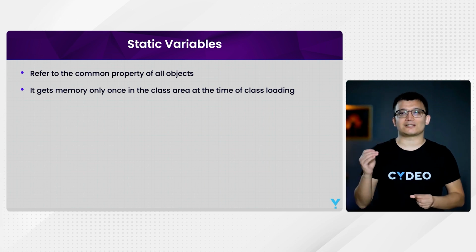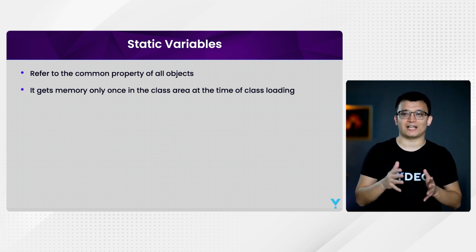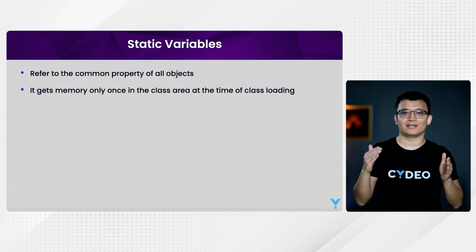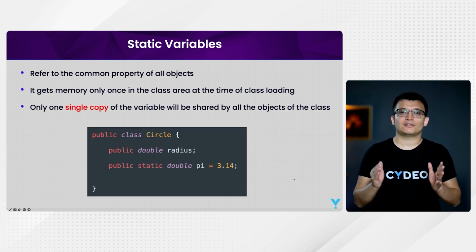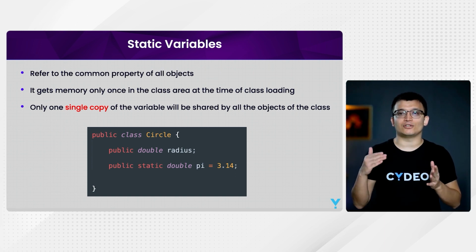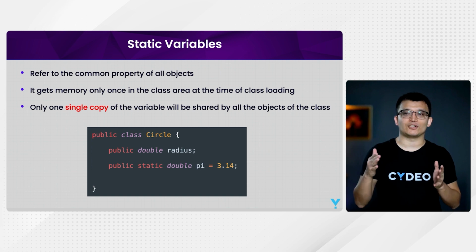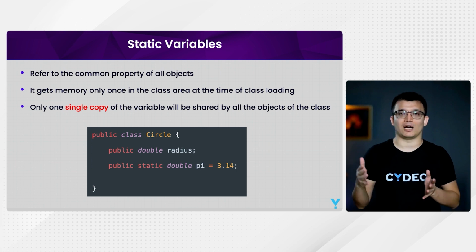So as soon as the class is loaded, static is set, and only one value of the static will be set for all the objects of that class, regardless of how many objects have been created from the class. And if changes are made to the static variables, all the other instances will see the effect of the change at the same time, because there's only one single copy of the variable that is shared by all the objects.